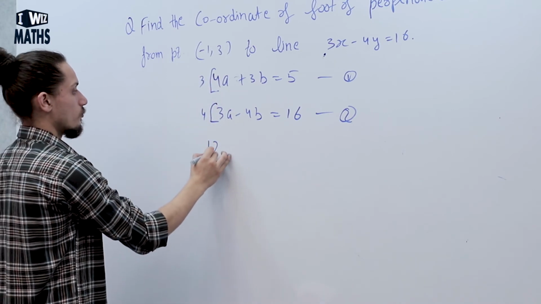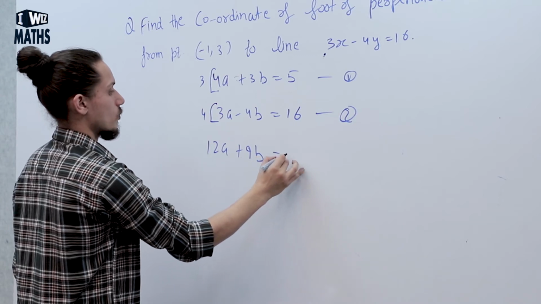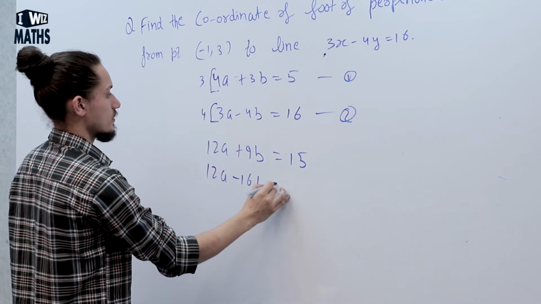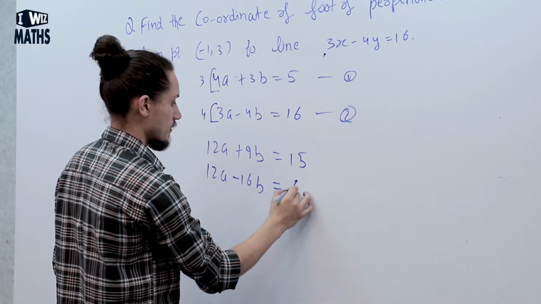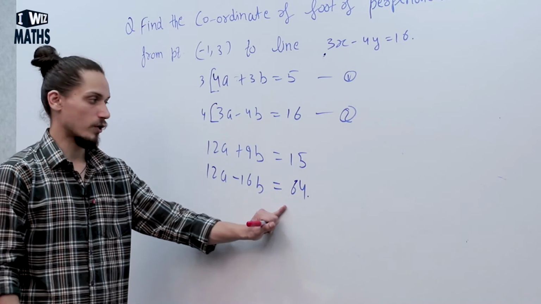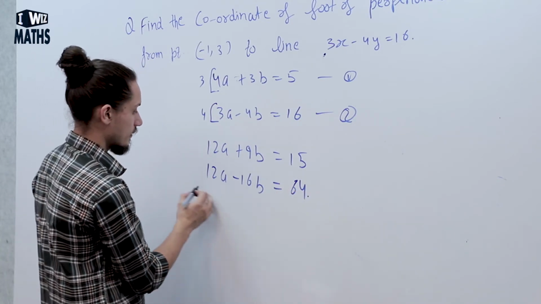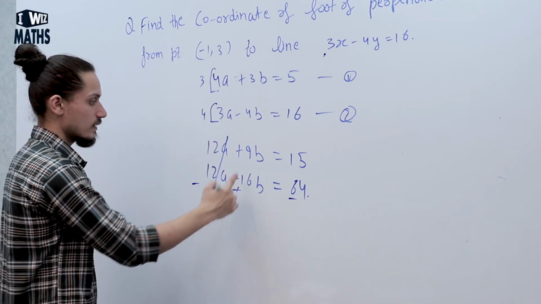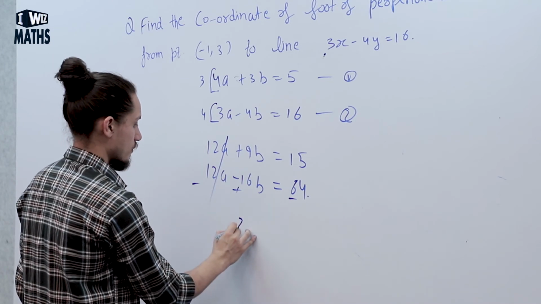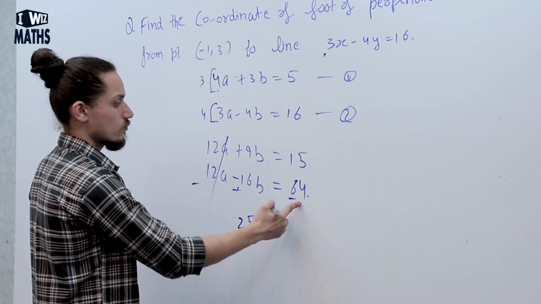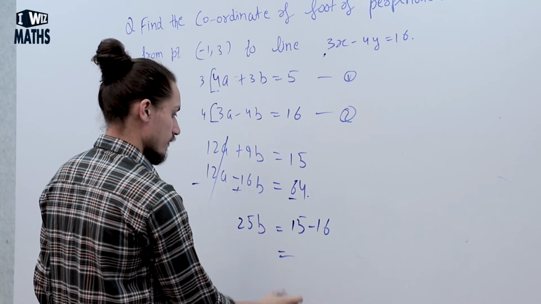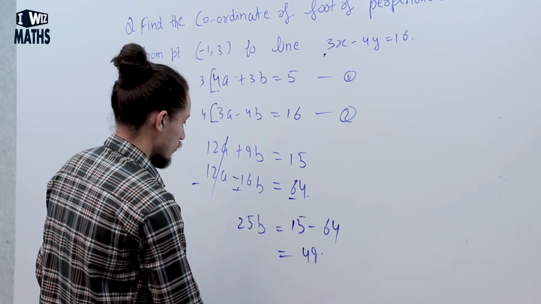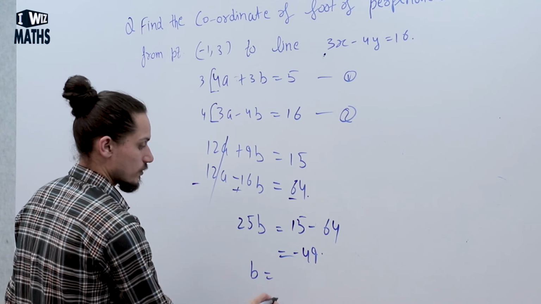We get 12a plus 9b is equal to 15, and this equation becomes 12a minus 16b is equal to 16 into 4, that is 64. So we have two equations. Using the elimination method, negative here and positive here, 12a cancels. 9 plus 16 gives us 25b is equal to 15 minus 64, which gives us minus 49.